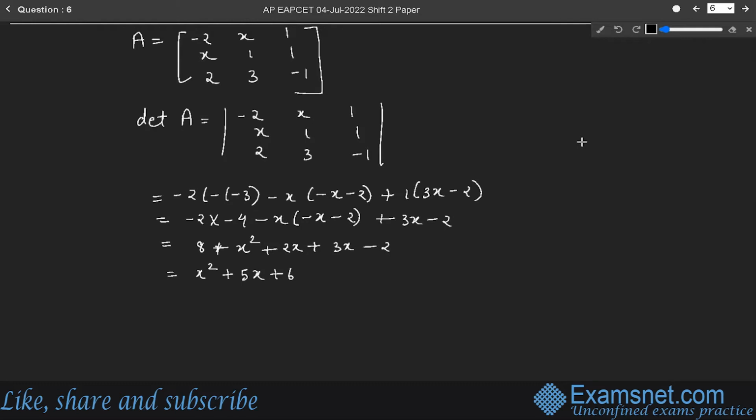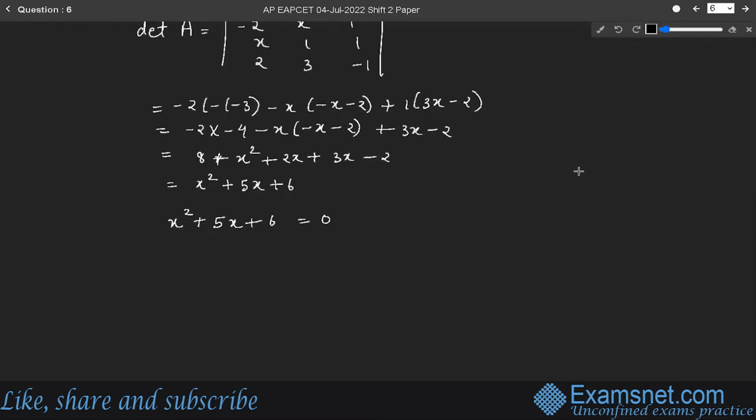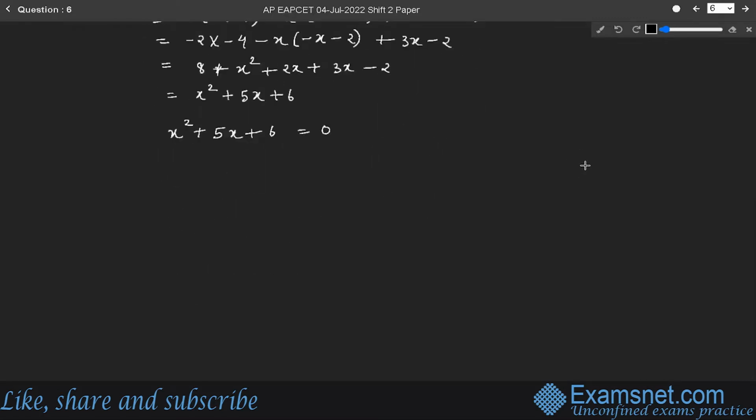Now it is given that the determinant of A is equal to 0, so x square plus 5x plus 6 equals 0. By splitting the middle term, we find the factors. The middle term can be split as 2x plus 3x, plus 6 equals 0.